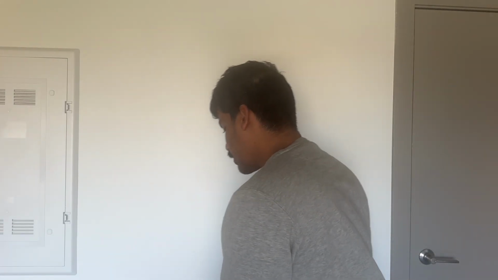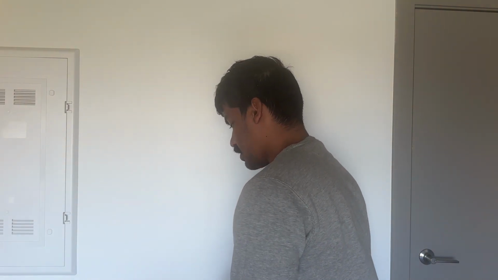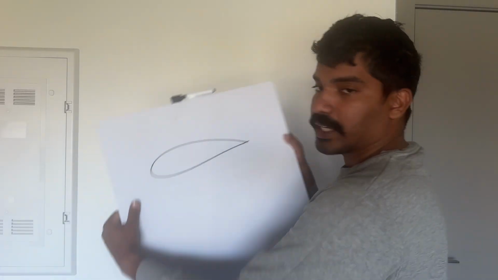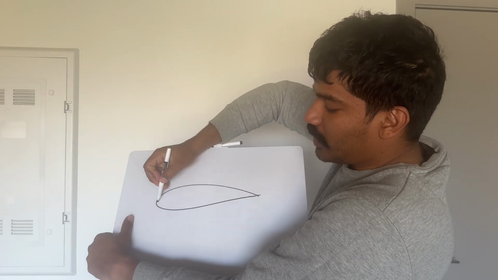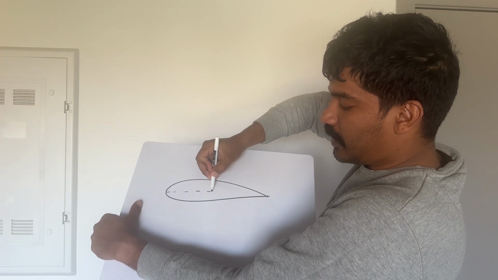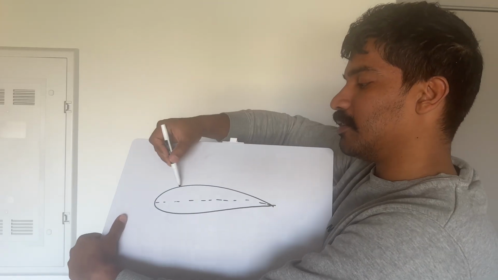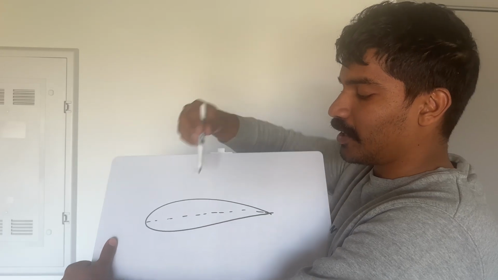Now I also wanted to bring in one more thing which I couldn't draw yet. Let's say this is a symmetrical aerofoil, right? In this particular case, if I draw a line like this, it is dividing this aerofoil into two equal halves, right?